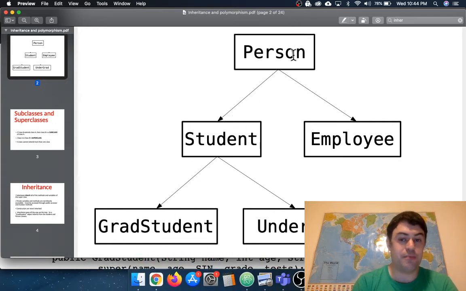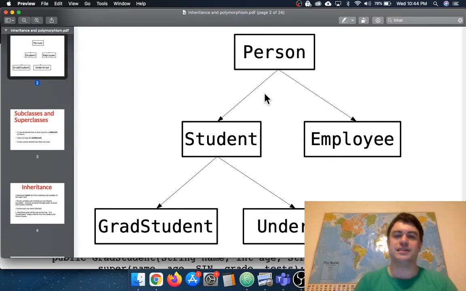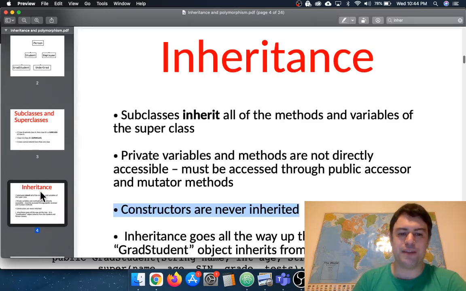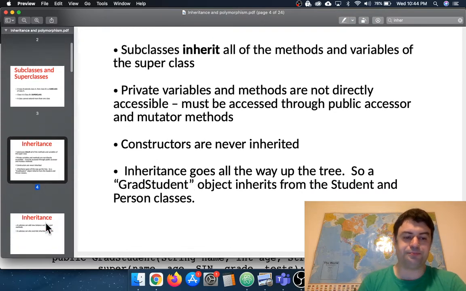Student is inheriting some, and person is inheriting nothing. Well, technically it is from the object class, but we're not going to talk about that right now. That's the idealized part of the story that we're going with. So inheritance goes all the way up the tree. The grad student inherits from student and the person class. So there you go. It gets all those things.